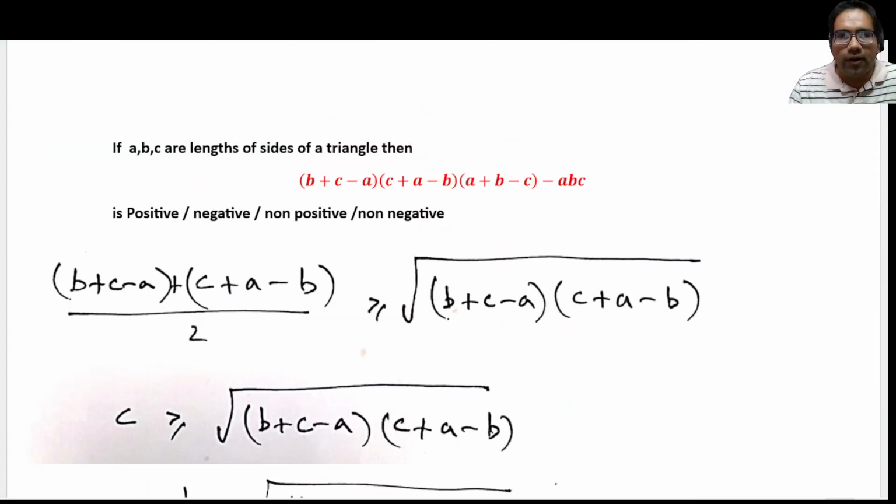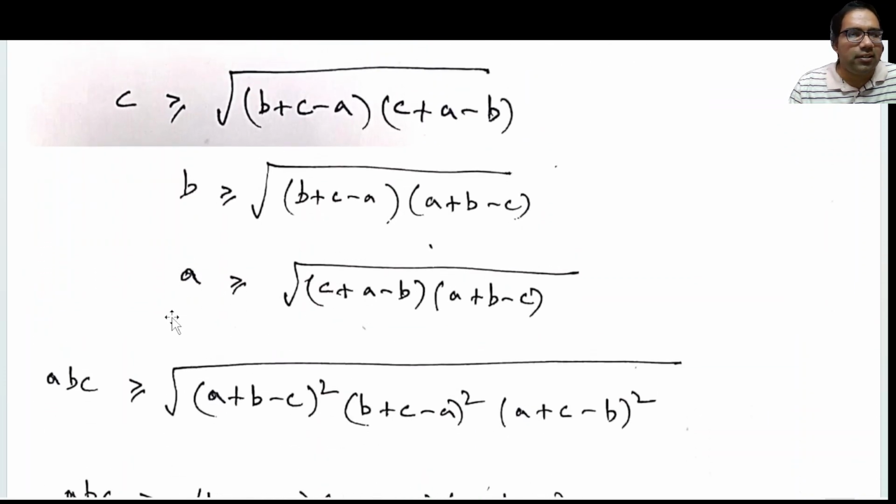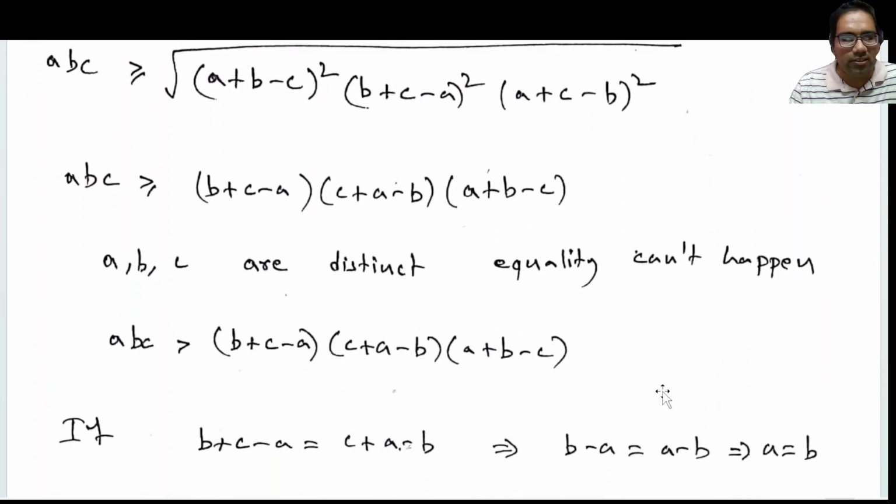For example, if all three are the same, let's say all three are equal to some x, then this becomes x. This also will become x. This also will become x. This becomes x cubed, and minus this also becomes x cubed. If all three are the same, then equality holds. But if they are different, then it is strictly greater. abc is strictly greater than this product.